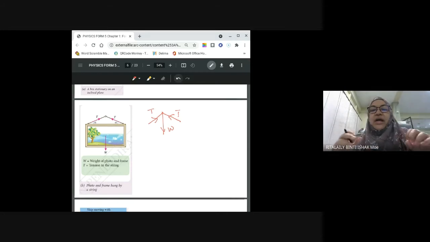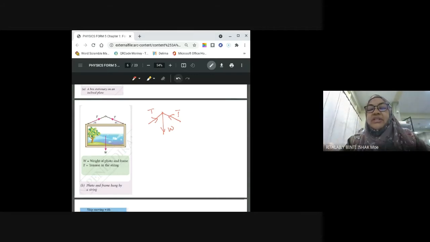So we are to draw, dia kata dekat sini, sketch triangle of forces for the situation. So dia suruh sketch saja. But if dia suruh calculate, let's say calculate W, then you have to draw the diagram, follow standard scale, and also you need to measure the angle accurately. Okay, tapi yang ni dia kata sketch sahaja.